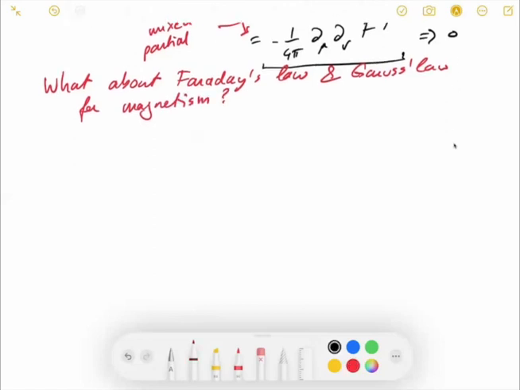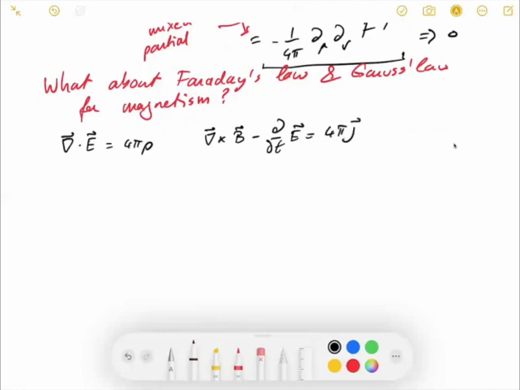Okay, so we had the divergence of E = 4 pi rho, and the curl of B minus dE/dt being equal to 4 pi j.